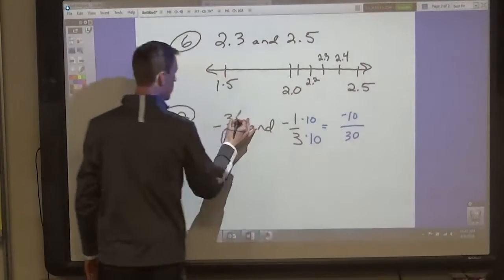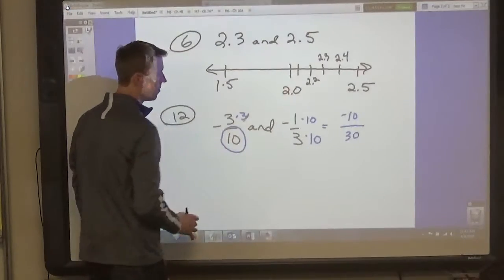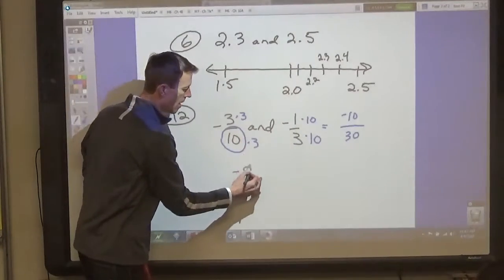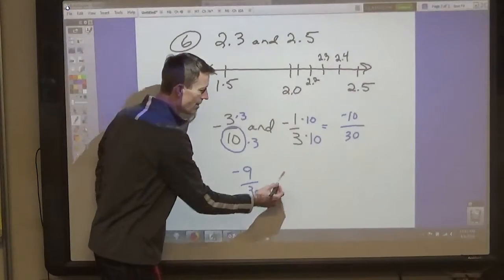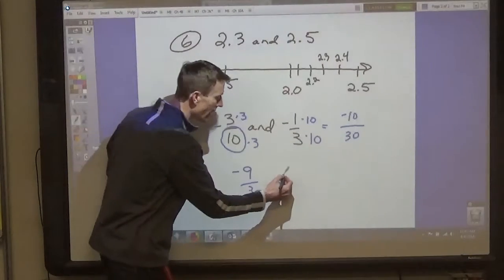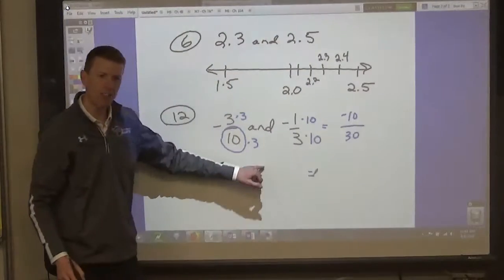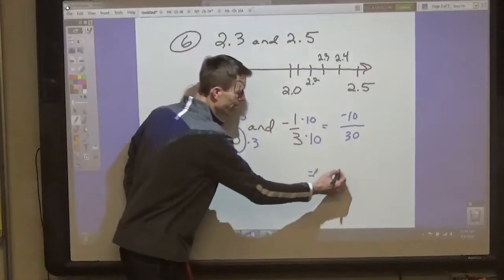And if we multiply this one by 3, we would have -9/30ths. So between, 9.5. Oh, sorry. That's right. Except that we can't write a rational number with a decimal in the numerator.